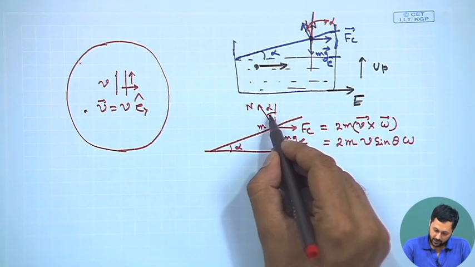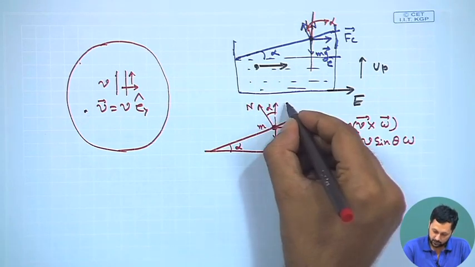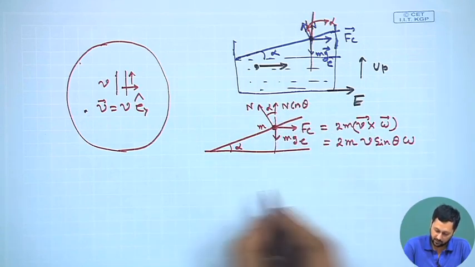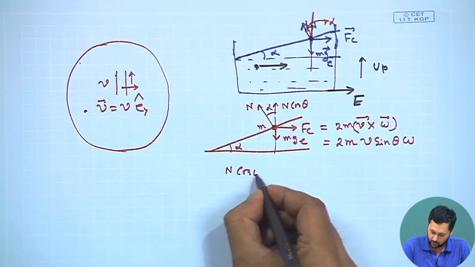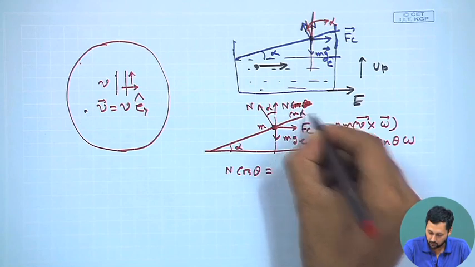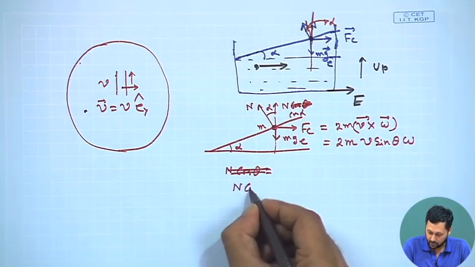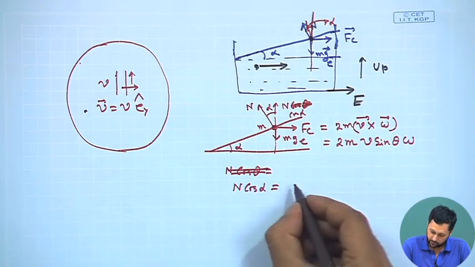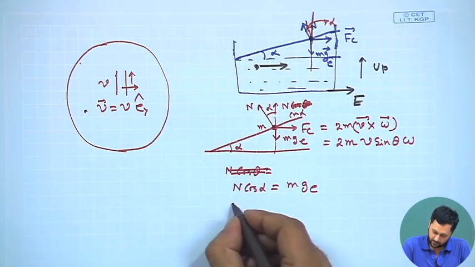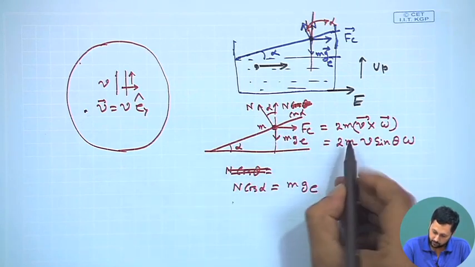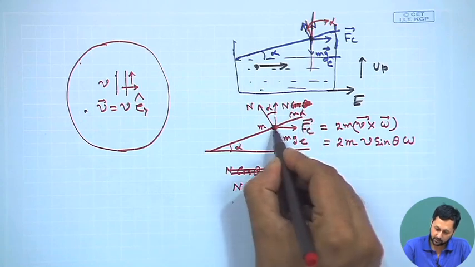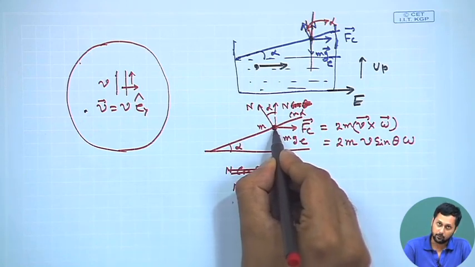For the normal reaction, there will be a component n cos alpha, which will be countering this mg_e. And n sin alpha will be exactly opposing this Coriolis force, and that is how the force balance of this particle will be established.